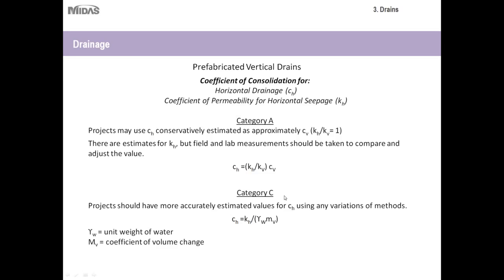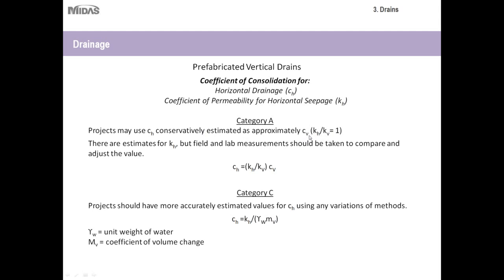And let's talk about this in greater detail here. Something you'll need to account for is the coefficient of consolidation for your horizontal drainage, and also your coefficient of permeability for horizontal seepage. For category A, projects may use the horizontal drainage conservatively, and you can estimate it just by this ratio over here.